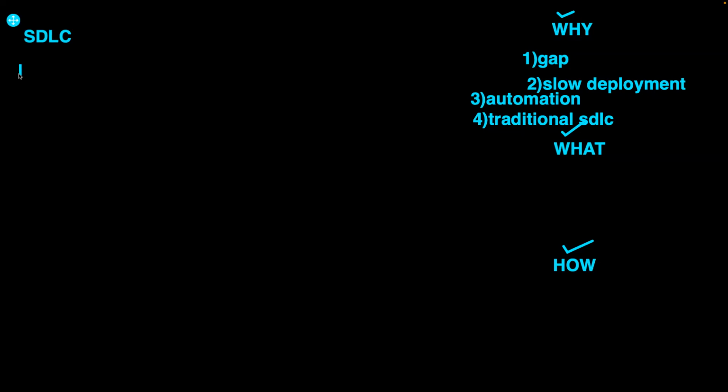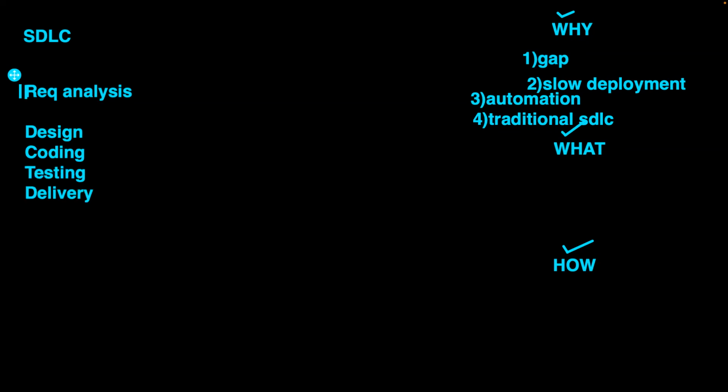What are the different phases? First, requirement collection, then requirement analysis. You understand the requirements, then design, right? Then coding, then testing, and delivery and maintenance. You deliver the product and maintain it.